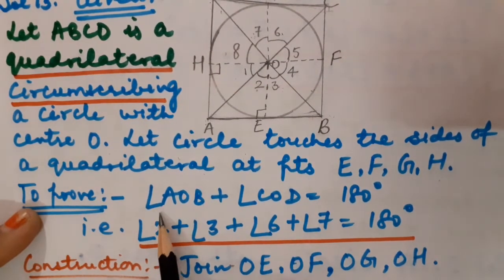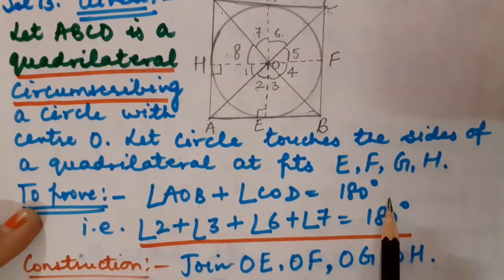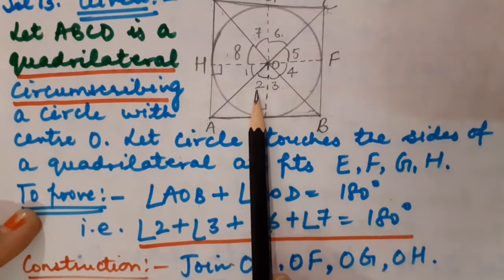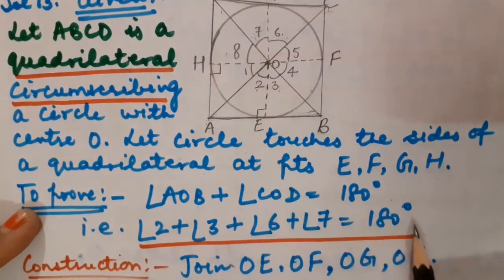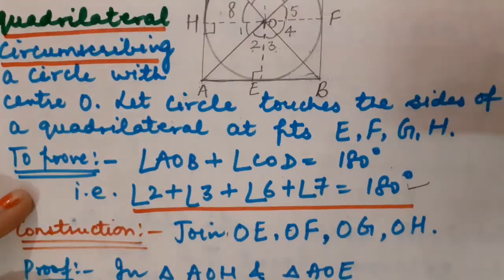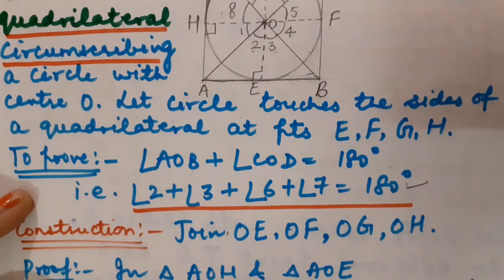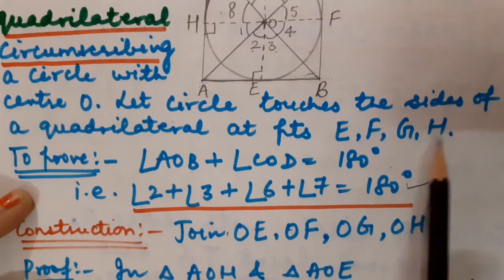So I have to prove that angle AOB plus angle COD is equal to 180 degrees, meaning angle 2 plus angle 3 plus angle 6 plus angle 7 is equal to 180 degrees. Fine, children? So, as we know, all four sides of the quadrilateral are going to touch the circle at points E, F, G and H.